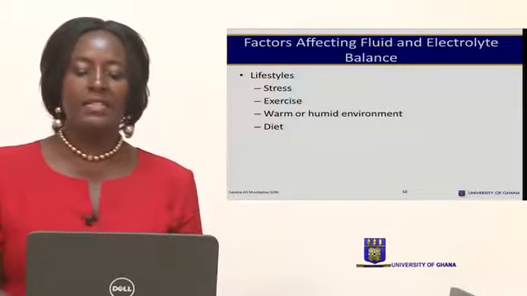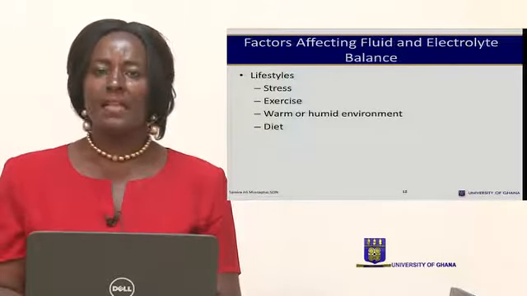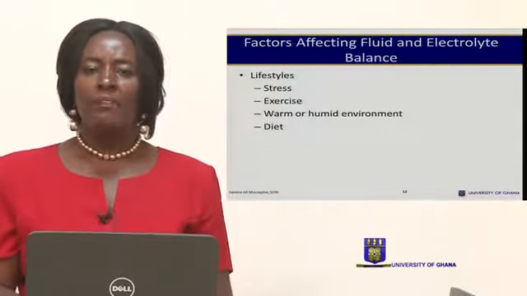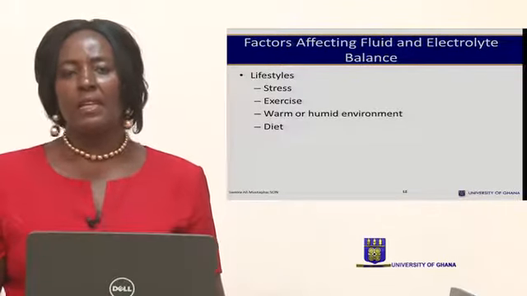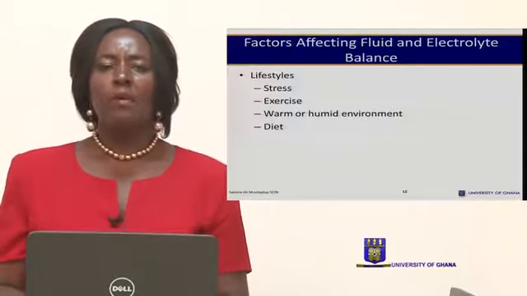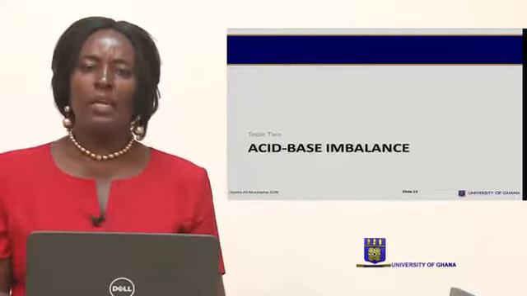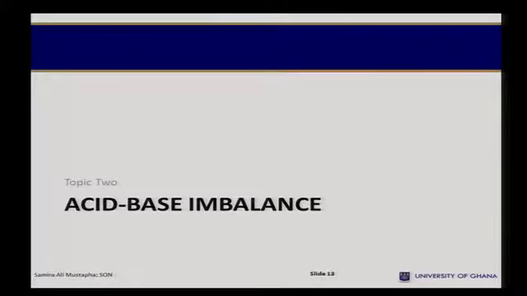Another factor affecting fluid balance is lifestyle: stress, exercise, the environment in which one lives, and the diet. All these are some factors that regulate the fluid and electrolyte balance in the body. So now let's look at acid and base imbalance.